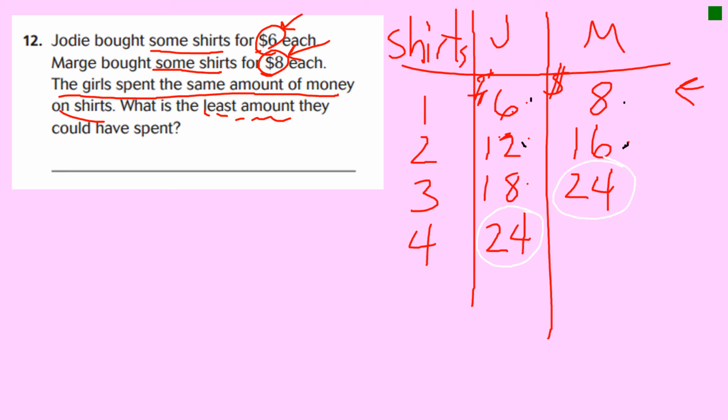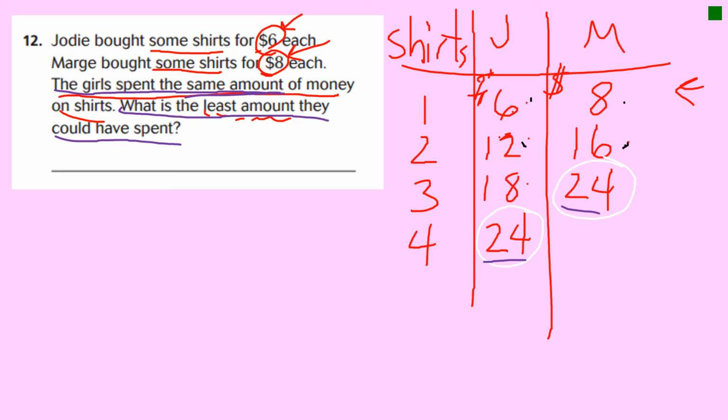Right there. So, let's go back to the problem. What is the least amount of money they could have spent? $24. Because it says the girls spent the same amount of money.